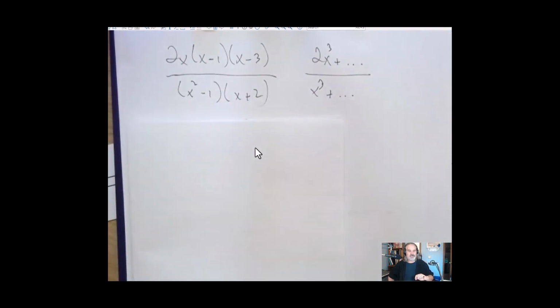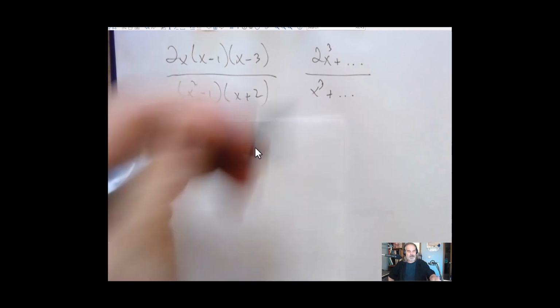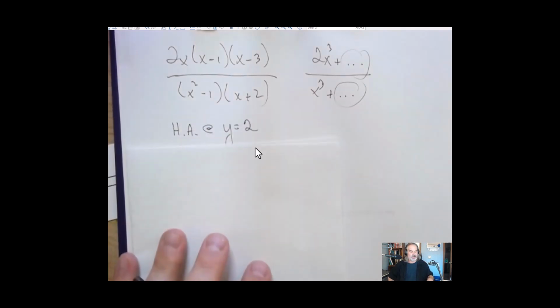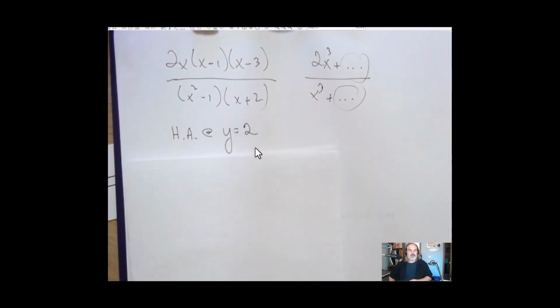This tells us that as x gets bigger and bigger and the other stuff becomes less and less significant, this function wants to behave more and more like 2x cubed over x cubed, or just 2, which tells us that this graph is going to have a horizontal asymptote at y equals 2.